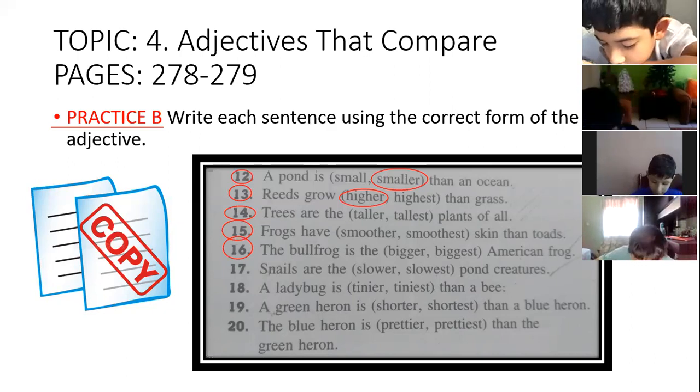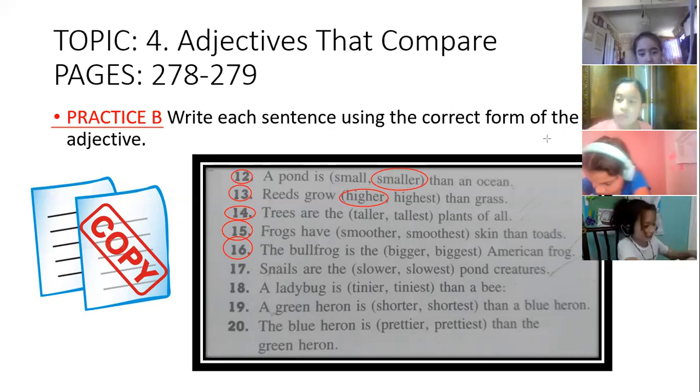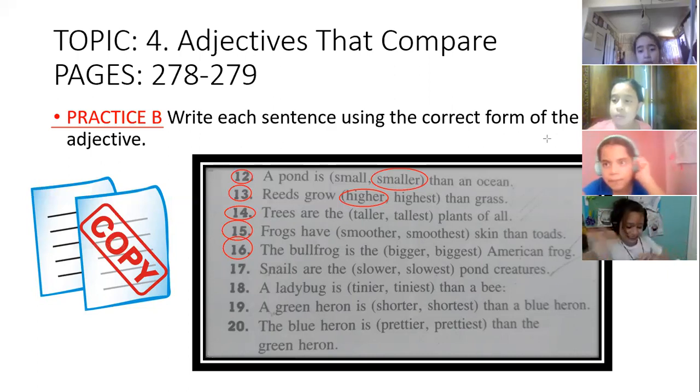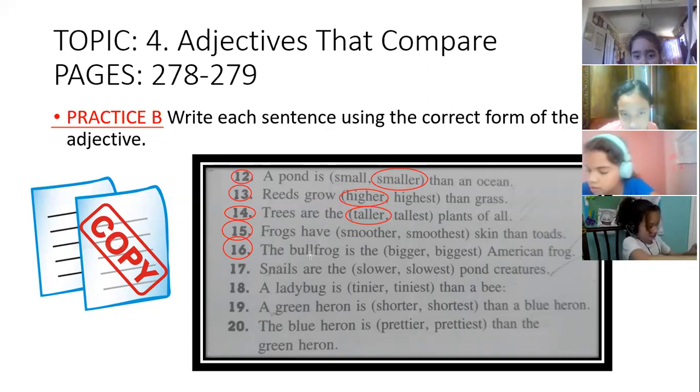The next one is for Hazel. Trees are the tallest plants of all. What is being compared here?